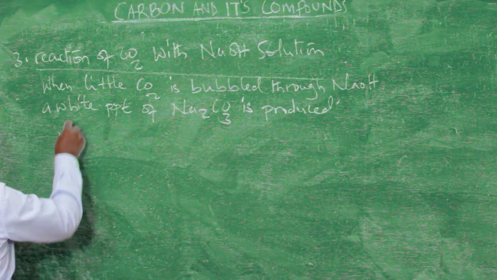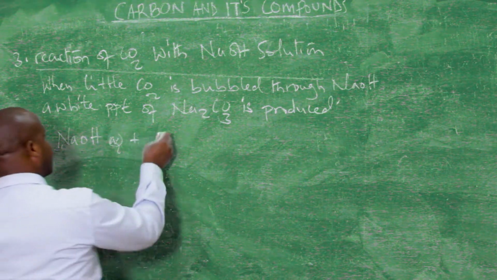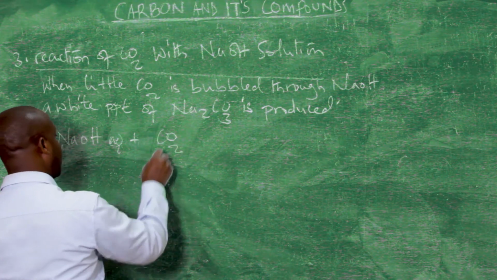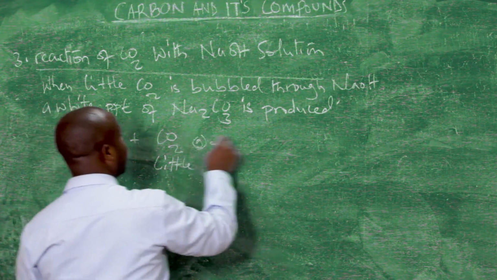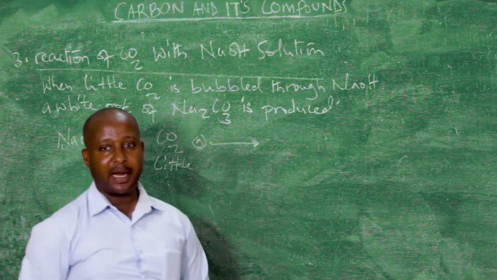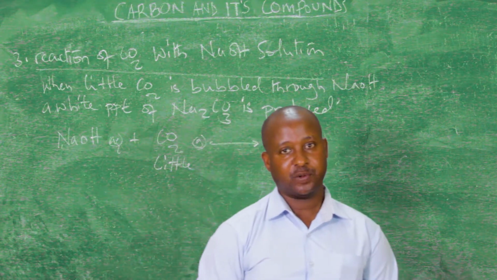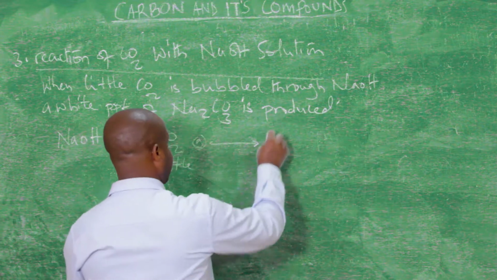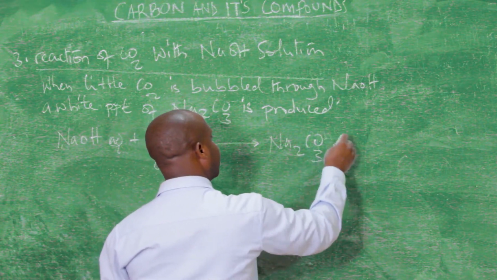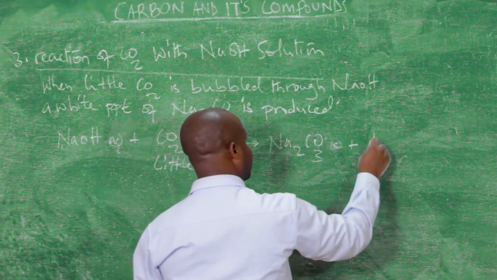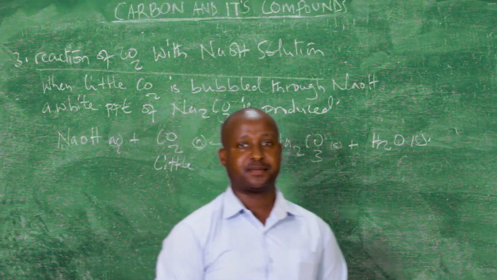When sodium hydroxide reacts with little carbon dioxide gas, we end up getting sodium carbonate, which is a white precipitate. In addition, water is also produced.